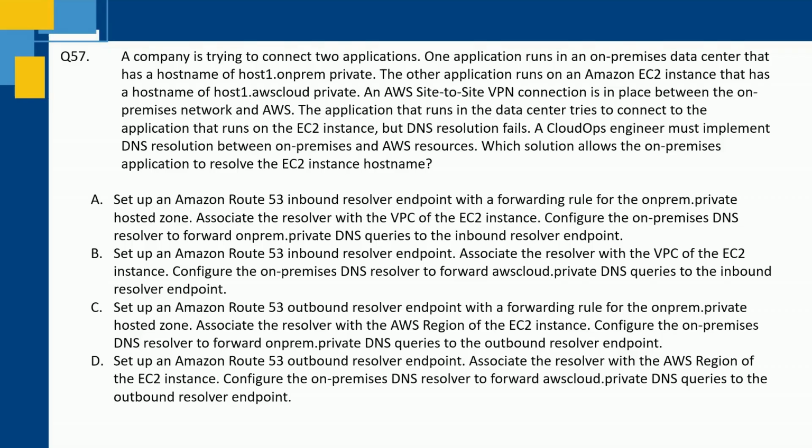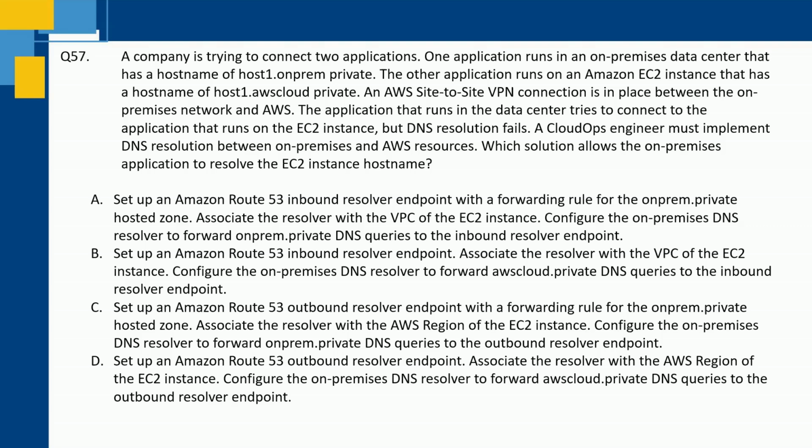The application that runs in the data center tries to connect to the application that runs on the EC2 instance, but DNS resolution fails. A CloudOps engineer must implement DNS resolution between on-premise and AWS resources. Which solution allows the on-premise application to resolve the EC2 instance host name?